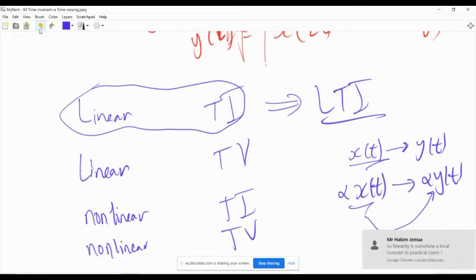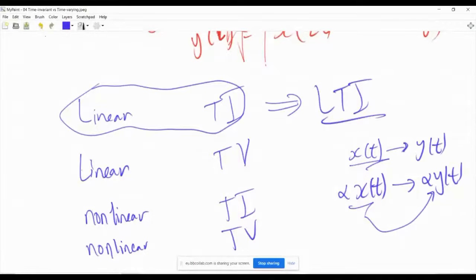Now for time in... yes, exactly, for a range. So if you took a course on circuits and studied transistors, you will find that there is something called small signal analysis.